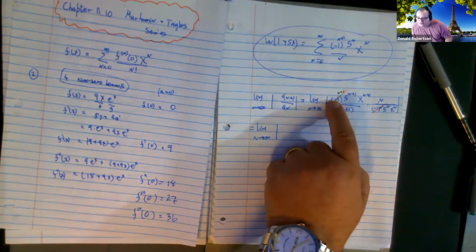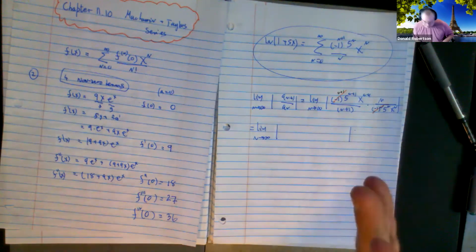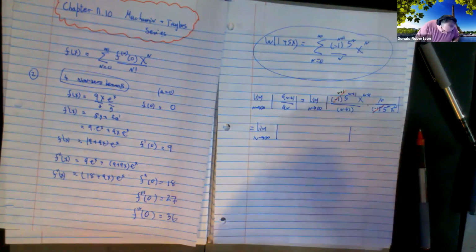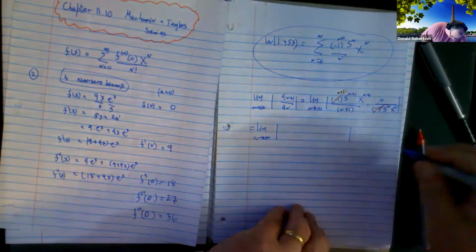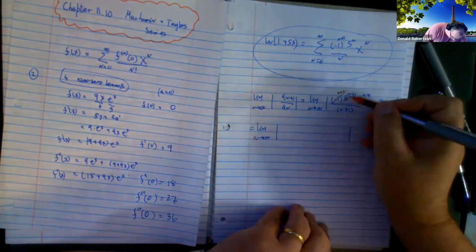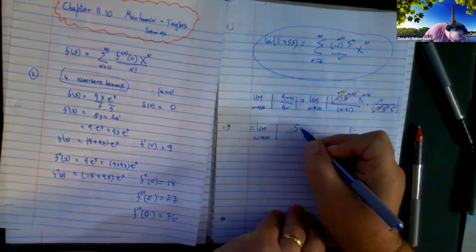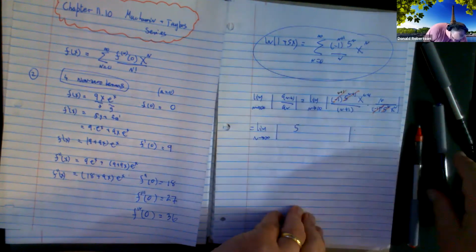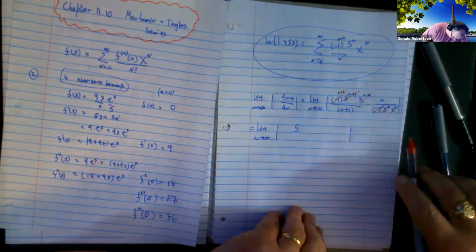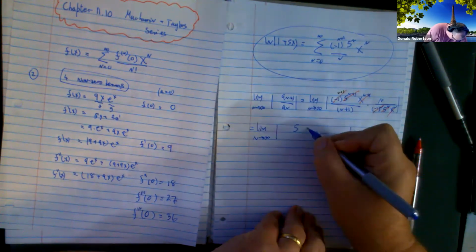Isn't -1 inside an absolute value just disappears? So I'm not going to write anything down. Technically, it's there, but it doesn't matter that we ignore it because it's going to go away. These two cancel, leaving me with a 5 on the top. These two cancel, leaving me with an x.